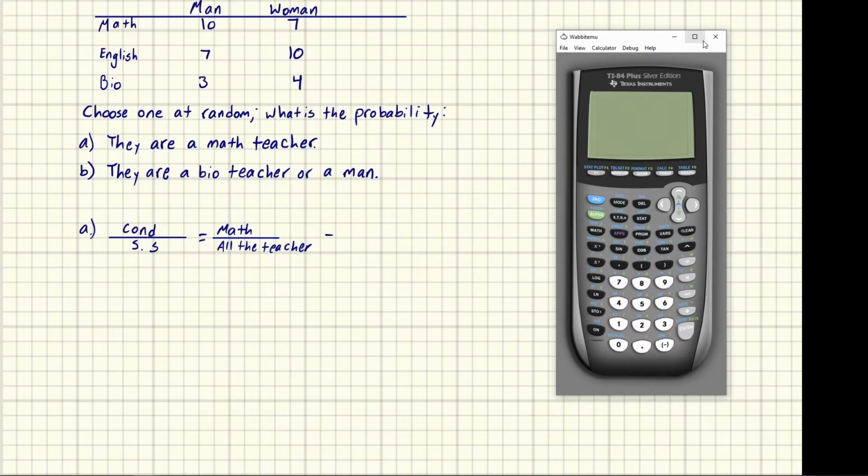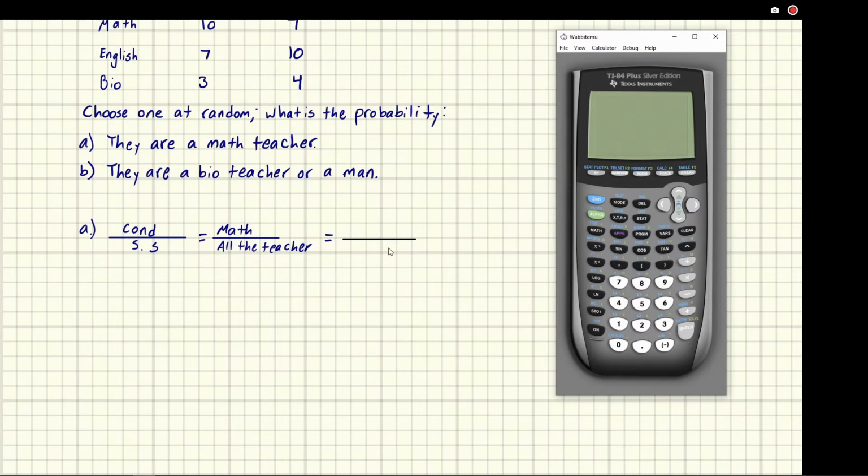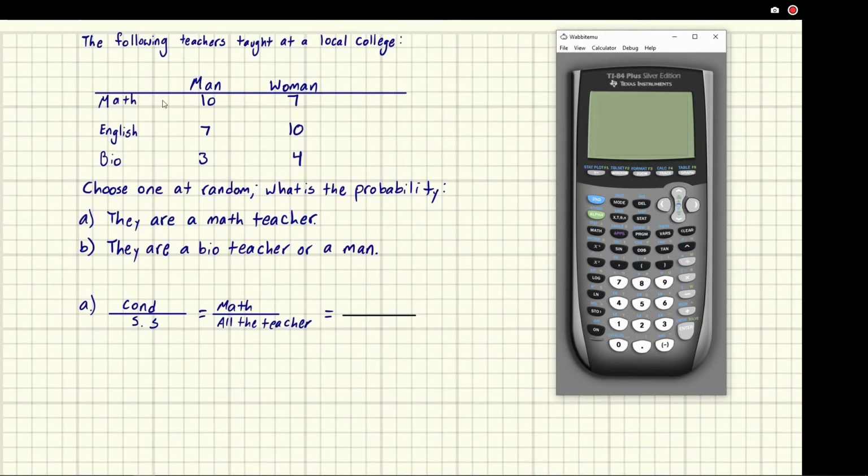And so in this case, all we need to do, I'm going to start writing in black now, is for the math, well, let's see here. We've got 10 math teachers. Oh, well, let's scroll down here a bit. We've got 10 math teachers here and 7 math teachers here. So that is a total of 17 math teachers. So we put 17 right here. Now the bottom is all the teachers. So that's just going to be everyone added all together.